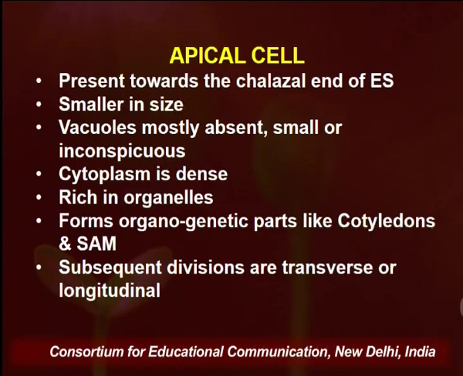Subsequent divisions in the apical cell are transverse or even longitudinal. Remember, I told you that in the basal cell the subsequent divisions are transverse. So, here there is an option for the apical cell: it can either undergo a transverse or a longitudinal division.